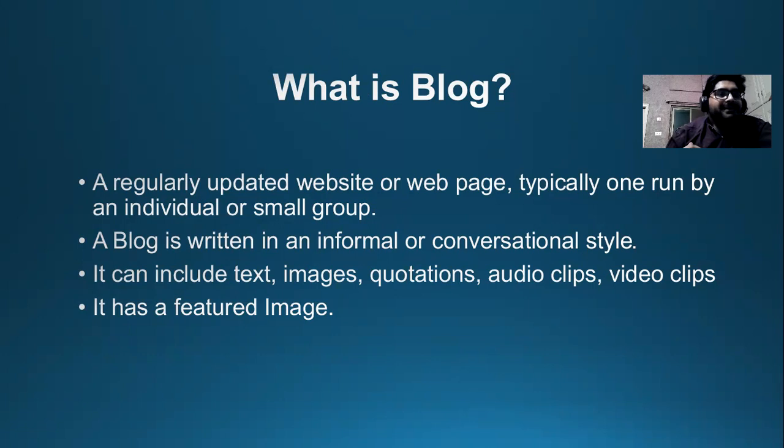It can include text, images, quotations, audio clips, video clips, and all blogs must have a featured image. What is a featured image? A featured image is the face of the blog that represents what the blog is about. An image tells the whole story of the blog.